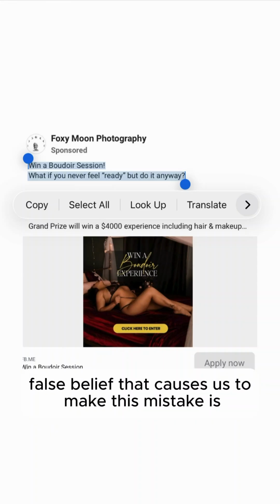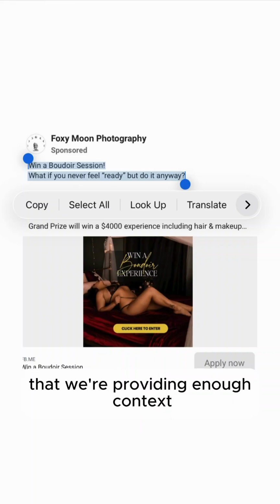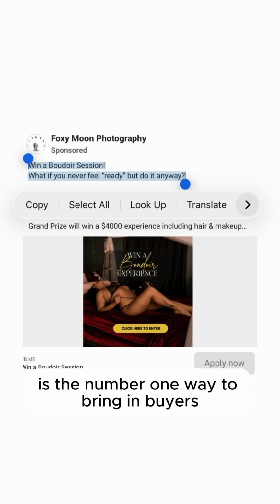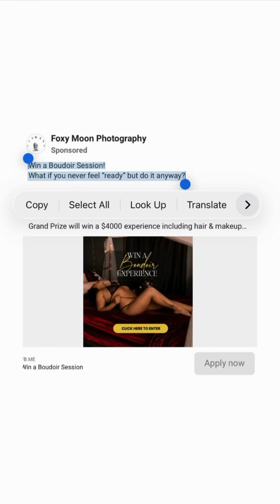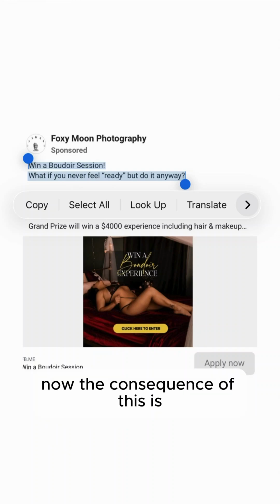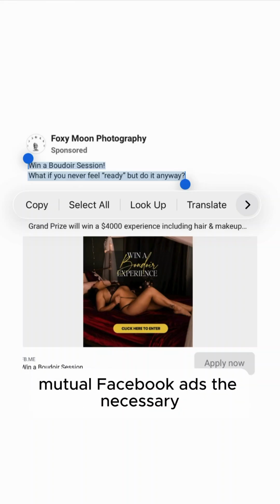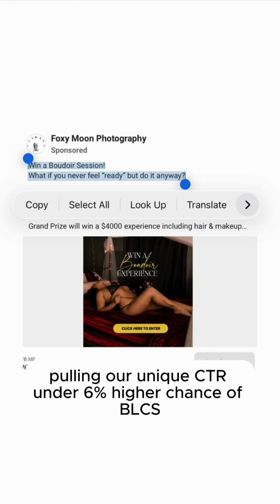The false belief that causes us to make this mistake is we're believing incorrectly that we're providing enough context. And what we're providing is the number one way to bring in buyers from a Boudoir Facebook ad, and that is incorrect. Now the consequence of this is way more women are going to be scrolling by our Boudoir Facebook ads than necessary. Pulling our unique CTRL under 6%. Higher chance of BLCS.